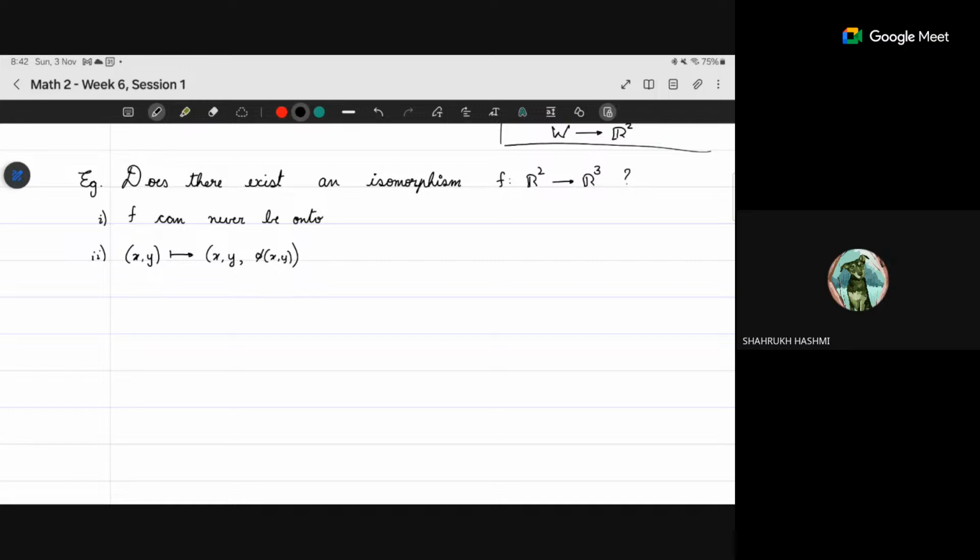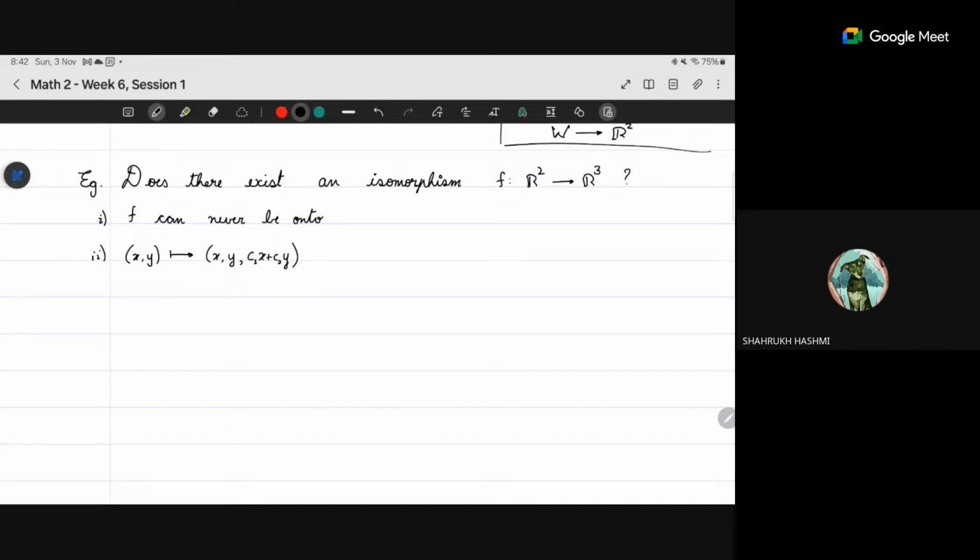And the other thing that I've been told is you just define the map as (x, y, some function of x and y), some c1x plus c2y or whatever. But will that be a bijective linear transformation? Let's forget about c1x plus c2y, I'm not sure.